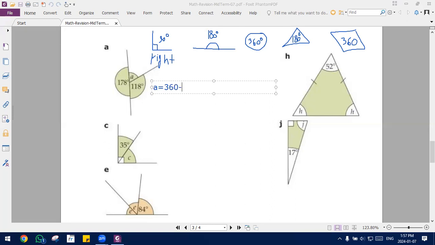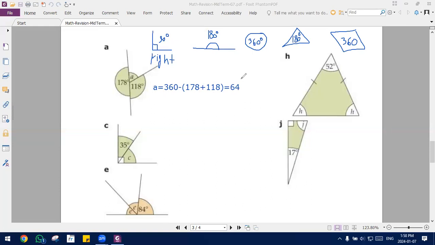360 minus the sum of the other angles, 178 plus 118. Okay, so we do 360 minus the other two angles will be equal to 64. But is it correct?